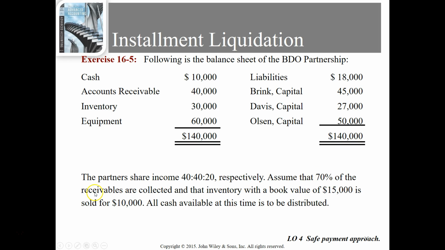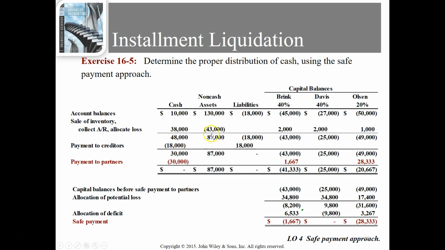Again, 70% of the receivables are collected, and the inventory with a book value of $15,000 is sold for $10,000. So, we therefore have a loss of $5,000, which was allocated. 5,000 times the 40 is 2,000. 5,000 times the 20 is 1,000.